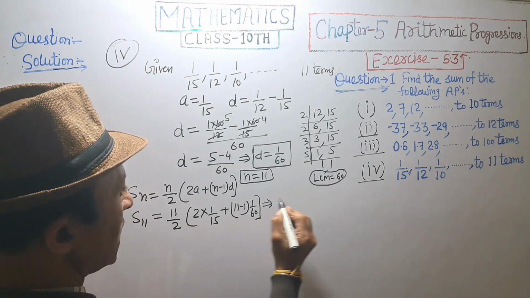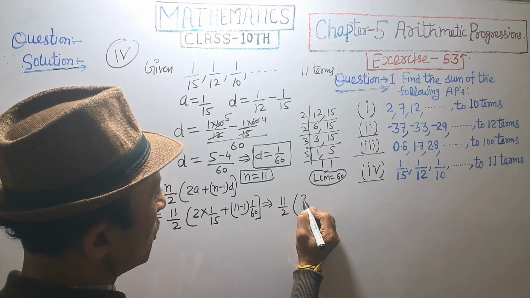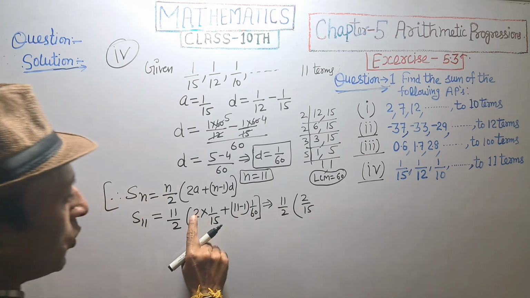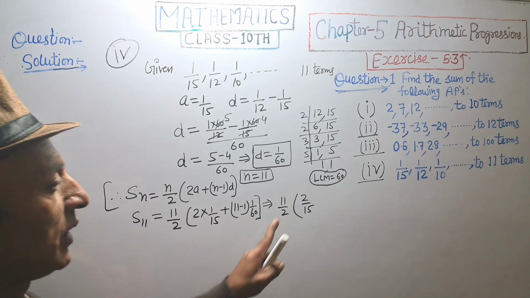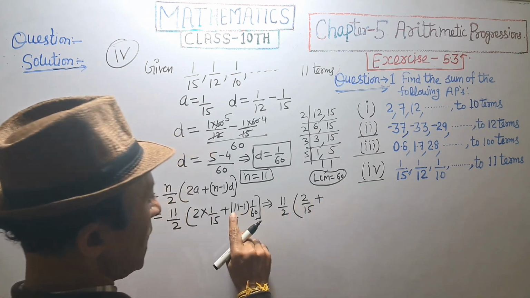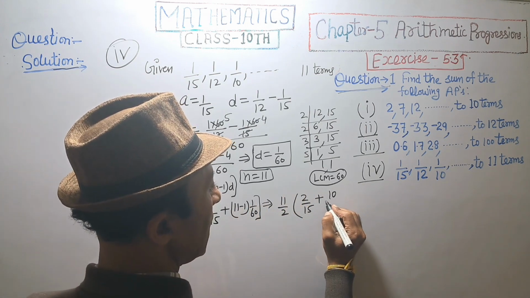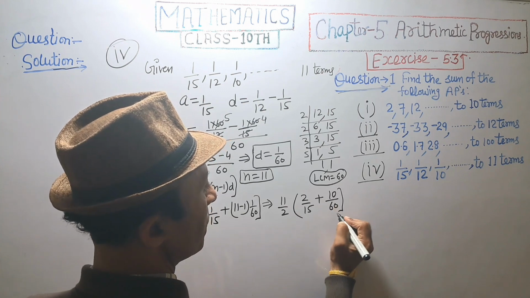This implies 11/2, 2/15 plus 10 divided by 60.